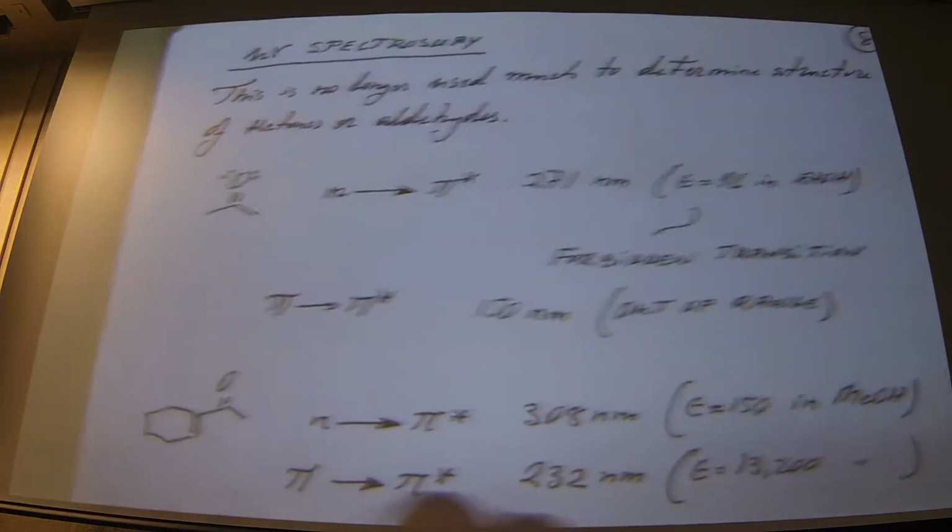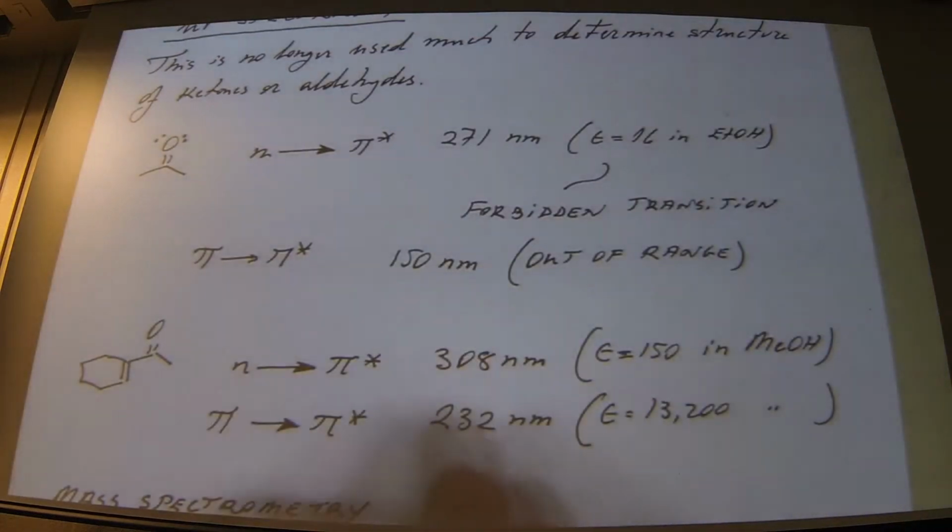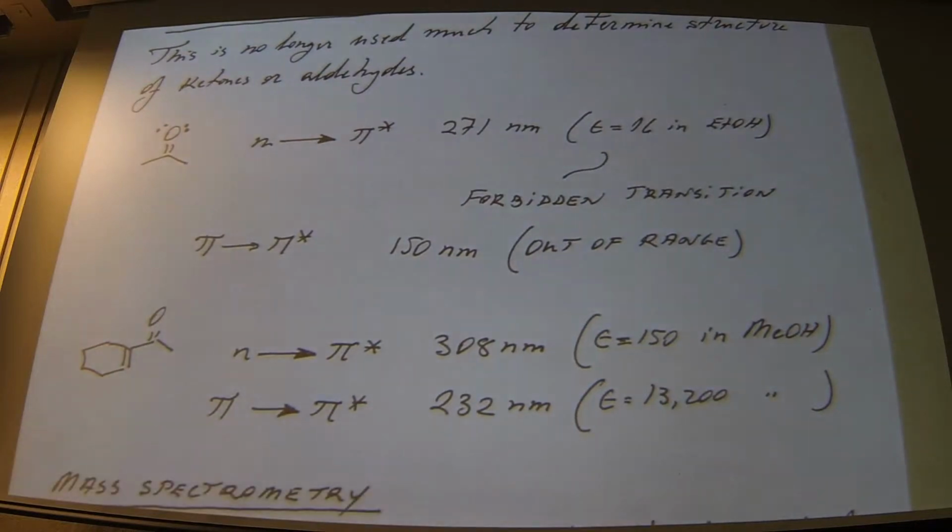We don't use UV spectroscopy very much. There's, I think, a problem at the back of the chapter that asks you a couple of questions. I'll go through this just in a cursory way. So typically for ketones and for aldehydes, you have two peaks. You have one which is called an n to pi star. And what does that mean?